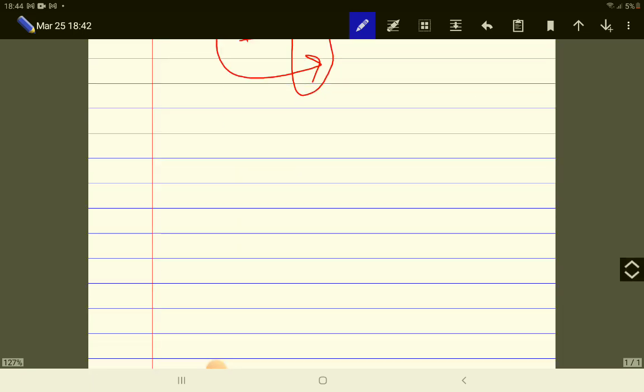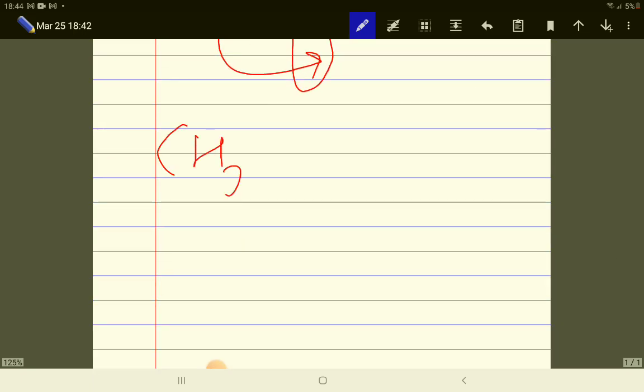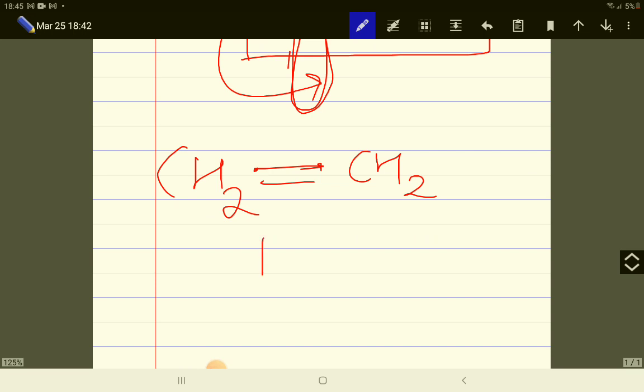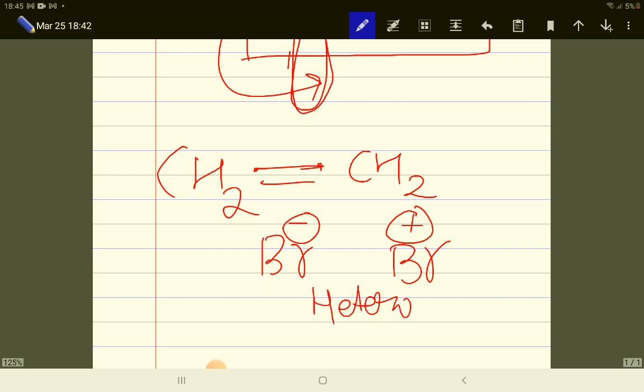So now let us draw this more neatly. CH2, and I already told you that the electrons in the pi bond will have a new home, that is the empty orbital of Br. So Br instantly breaks into 2. This one gets a negative charge, this one gets a positive charge, because it breaks heterolytically, not homolytically.